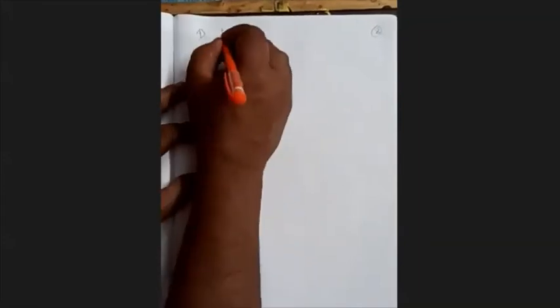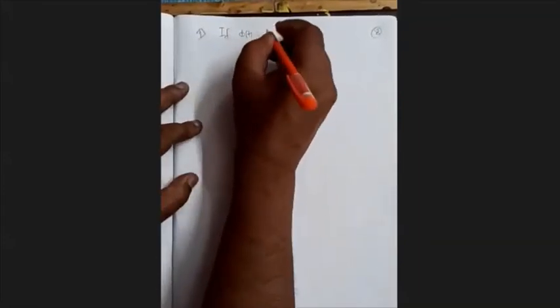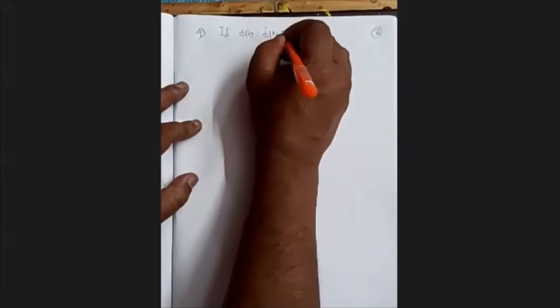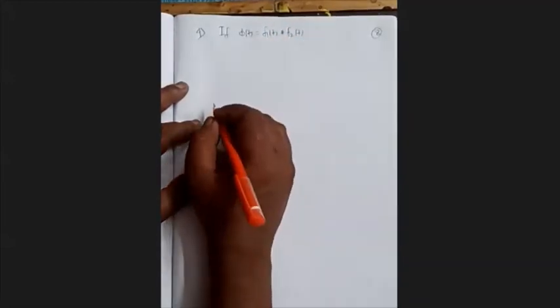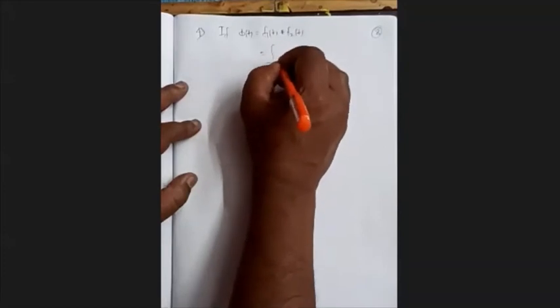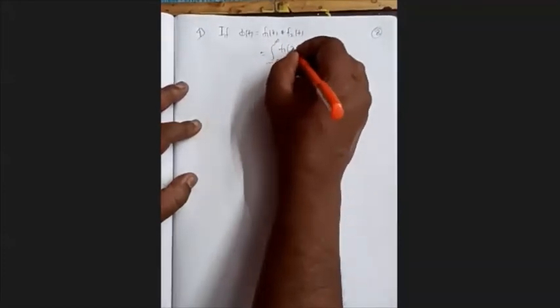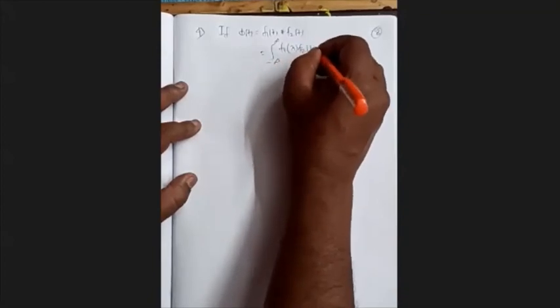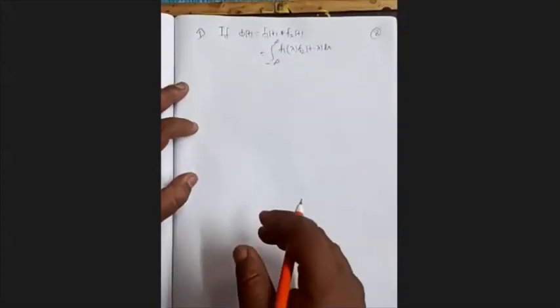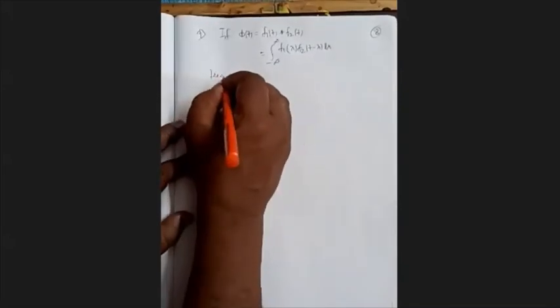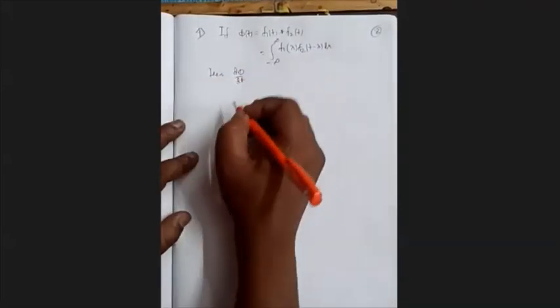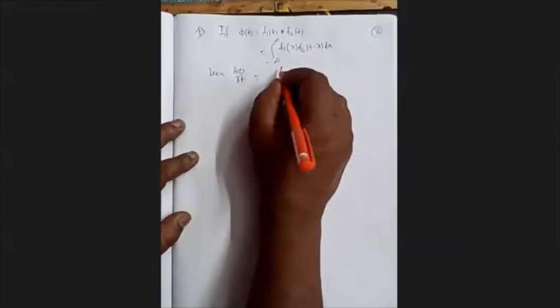Next, property number 4, page number 8. If phi(t) equals f1(t) convolution with f2(t), or we can write it as the integration of f1(lambda) f2(t minus lambda) d lambda, then d phi/dt, the derivative property, is what?